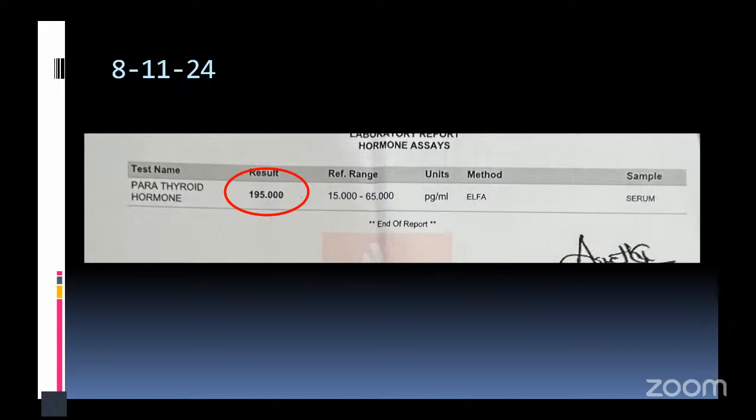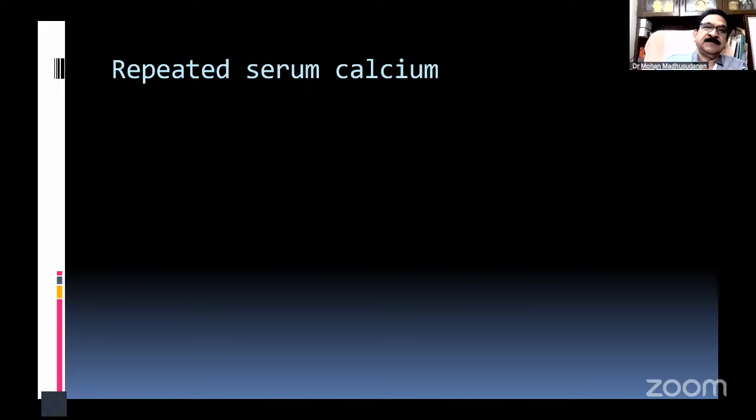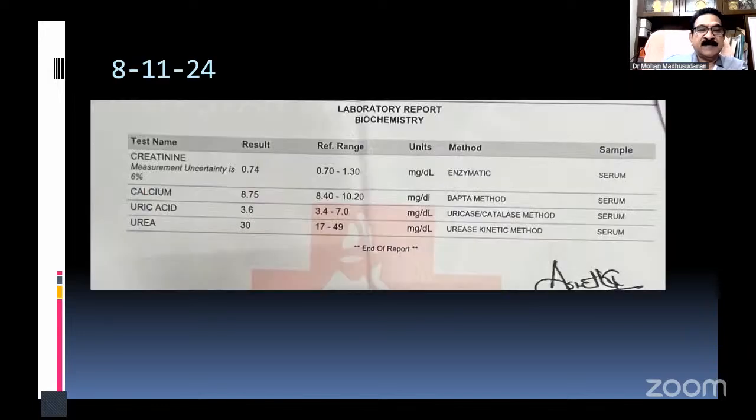The calcium was repeated and it was 8.7 only. The physician thought it is hyperparathyroidism, so he asked for a rheumatology opinion. Rheumatology said this cannot be hyperparathyroidism because in primary hyperparathyroidism calcium should be elevated. That is his version. Anyway, PTH is high.